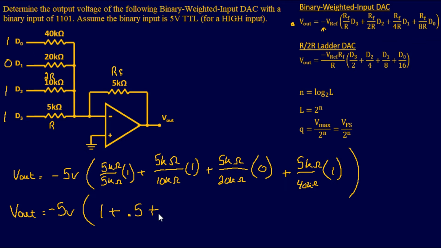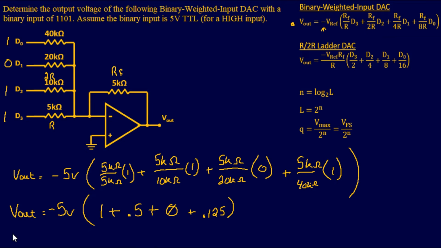However, it's times 0, so that right there is going to be a 0. And then one last time, we have 5K over 40K, and that's going to give us 0.125. And of course, times 1 makes it 0.125 versus a 0. And we'll go ahead and close parentheses.